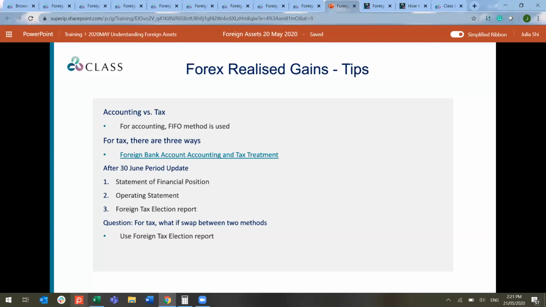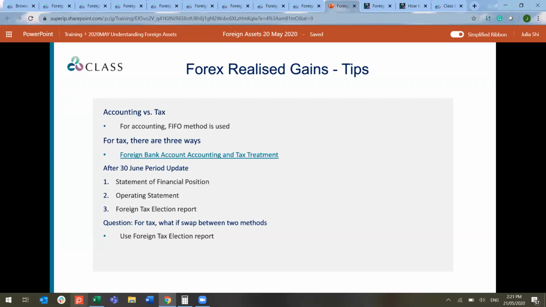According to the ATO, if you do switching between methods, then the unrealized gain or losses have to be realized once this is done. It's sometimes unrealistic to double check what's been selected in the past, or if there's a change of accountant, then you kind of lost the records of this.